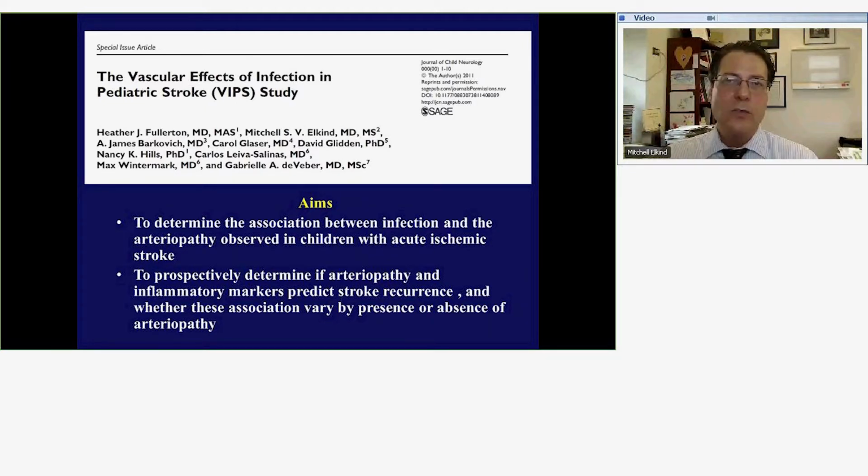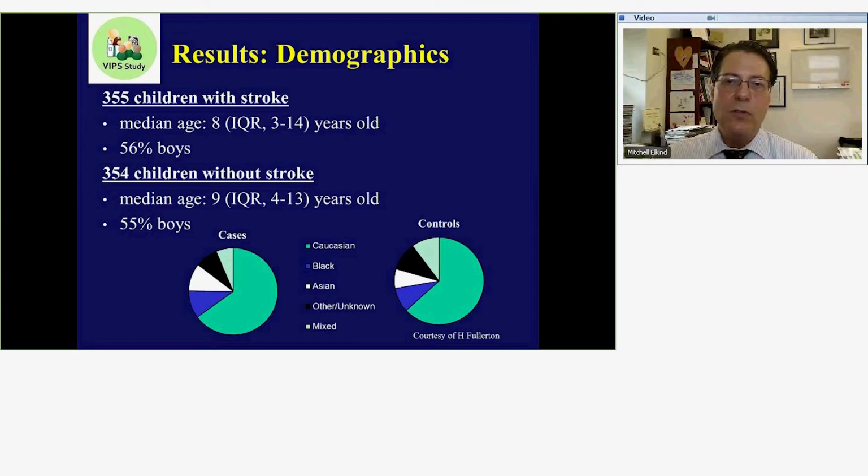It's hard to draw blood from children who are otherwise well, so we used children who had had a recent traumatic event, were in the ER because they broke a limb playing on the swing set, something like that, and so they were having blood drawn as part of their routine evaluation. So those were the controls. And so you can see here there were 355 kids with stroke, median age of 8, mostly boys, and about the same number of kids without stroke. These were the controls.